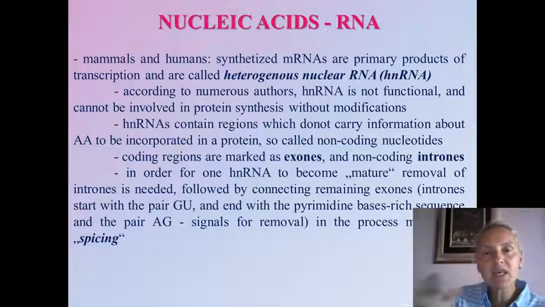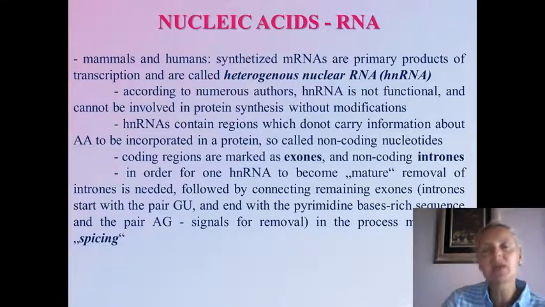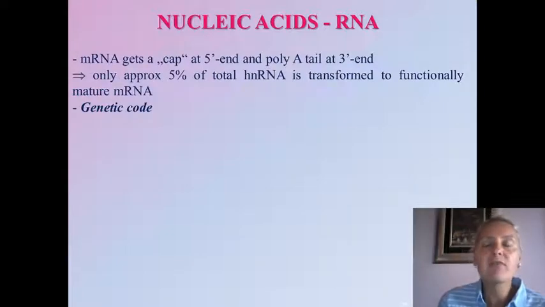Those specific domains of introns are actually signals to specific enzymes to cut them off and mark them as non-coding regions, and then to put together, by ligases, the coding exons. And finally, when we have removed the introns and got our exons back together, mRNA gets a cap at the 5' end and a poly-A tail at the 3' end.